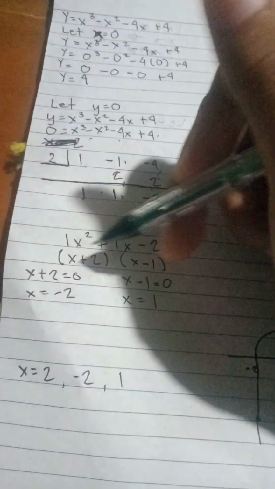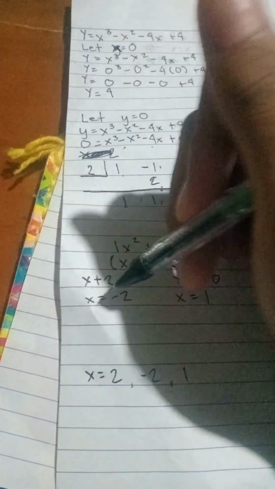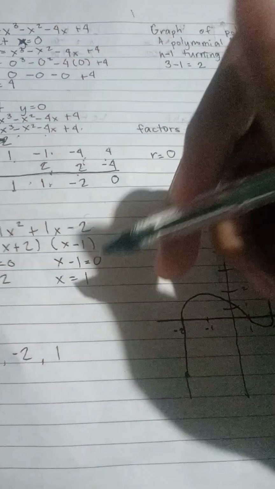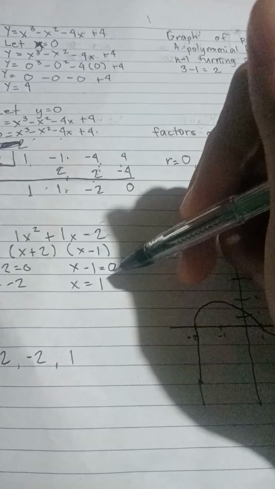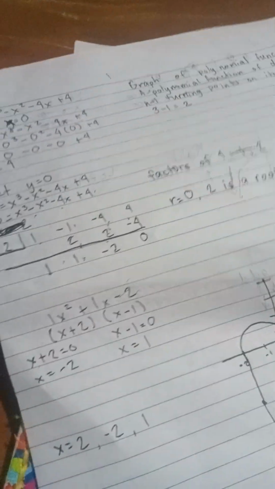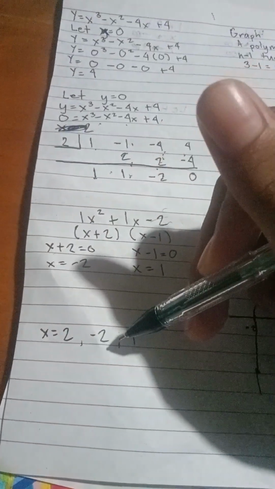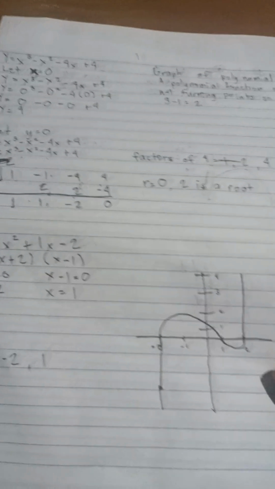Let's find the zeros of this equation. x plus 2 equals 0, so x is negative 2. x minus 1 equals 0, so x is 1. For our coordinates, it is 2, negative 2, and 1.